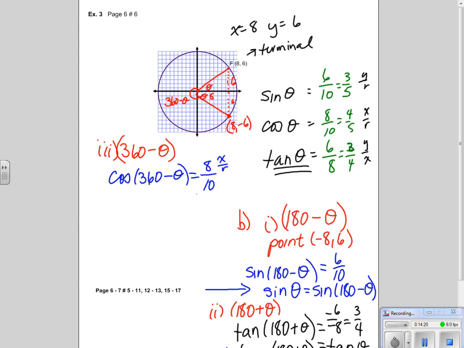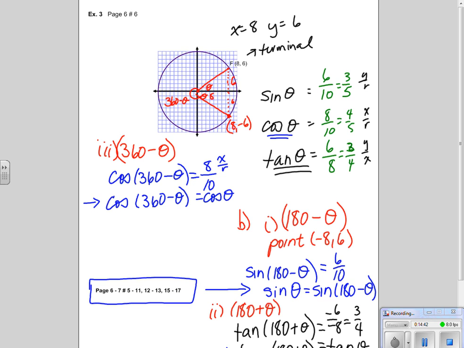Notice that that is the same as our original cos theta. So cos 360 minus theta is equal to cos theta. Those can be helpful to us, and we're going to look ahead at some of those. You can try some of these problems on page 6.